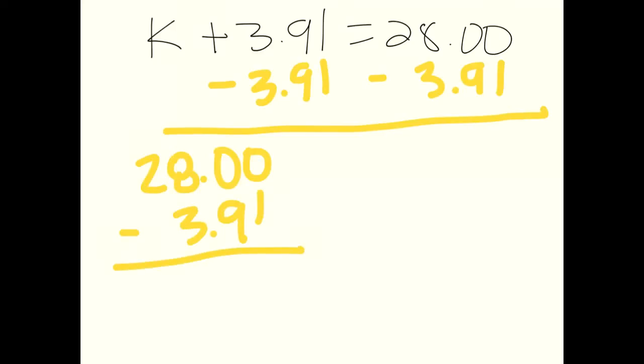This gives you, can't do that, take one right there. That would be 9. This would be 7. So 10 minus 1 is 9, and that's 0. 7 minus 3 is 4. And just is a placeholder there, and that would be 2 minus 0 is 2. So you would get 24.09.